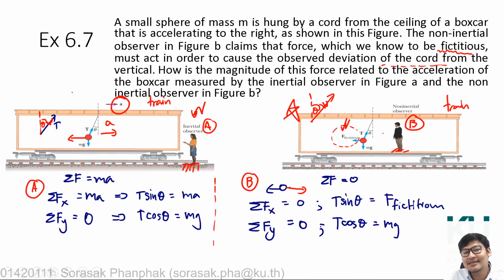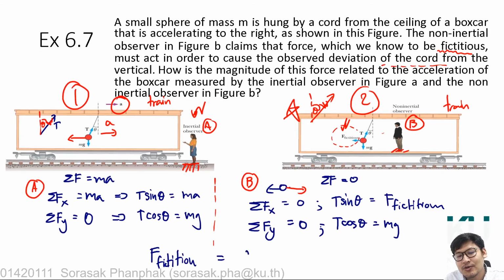Since these are exactly the same system, but the observers are in different types of reference frames, you can assume that the fictitious force is equal to ma, because this lady also observes this thing moving, and this guy also observes the same thing.